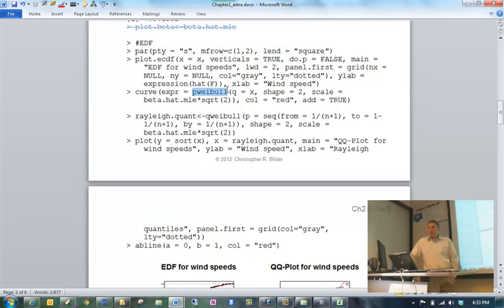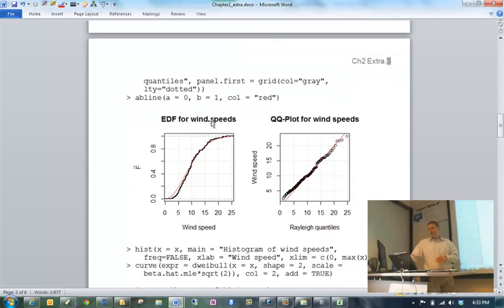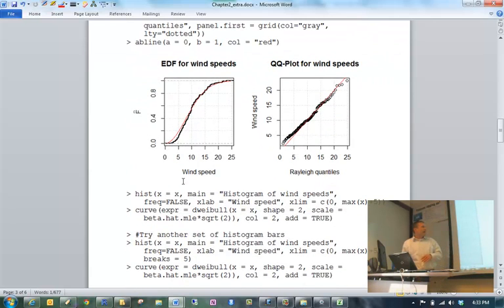I'm going to use the pweibull function, because there isn't a prayleigh function out there, with shape equal to 2 and scale equal to beta hat times the square root of 2. The reason I'm using that is because we don't know what beta is, and you would think that using the maximum likelihood estimate, we're going to get the closest agreement, if there is an agreement between the two. So here's my EDF. What do you think? Yeah, it's not too bad.